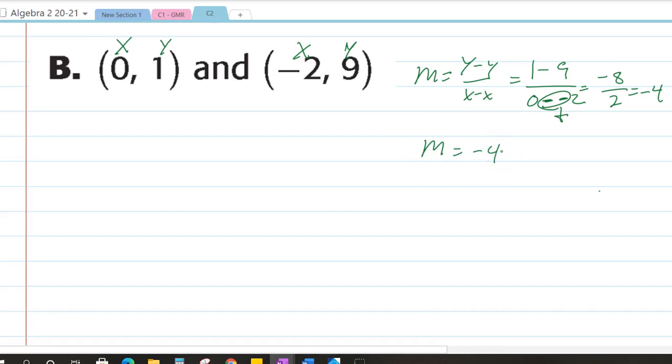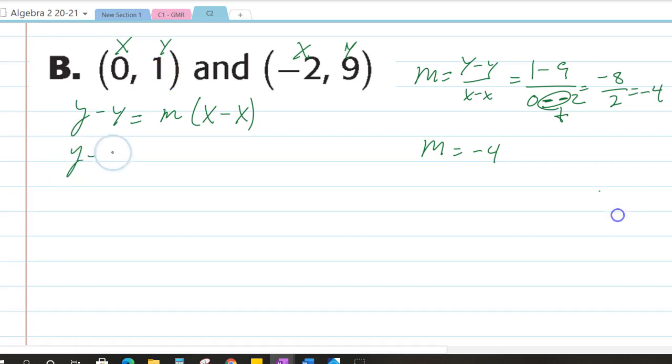Now I'm going to solve this two ways. We're going to use point slope form, and then I'll show you slope intercept form also. To put it into slope intercept form by point slope form, first what we'll do is write it down. Y minus y is equal to m x minus x. I'm going to use the first one because it has a 0 and a 1, easiest numbers I can find.